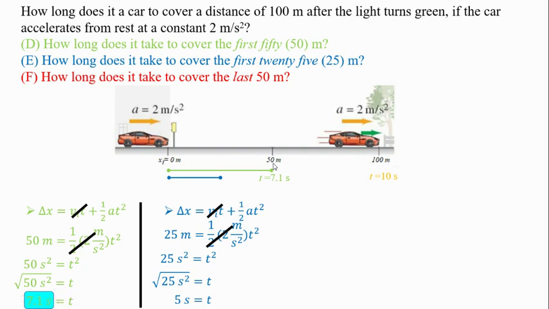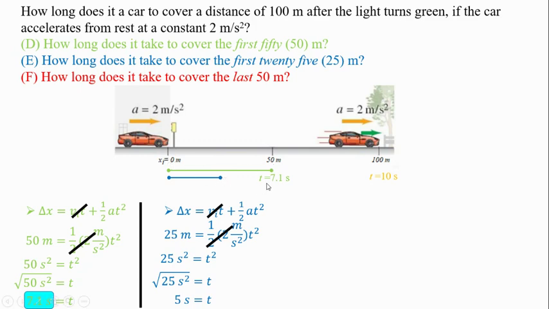And that's a big no-no. Okay, so that's a big misconception. So I hope you're listening to this part right. Do not just take the time that you found for the 100 meters and divide it by 2 simply because the problem asks you how much time it takes to cover the first 50. That is a big no-no.